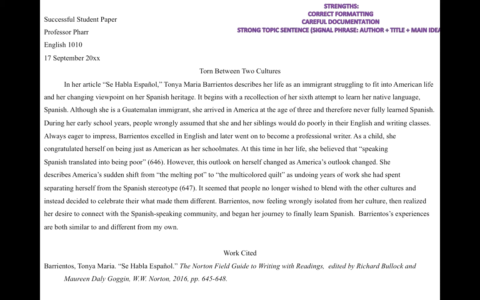The paper opens with a strong topic sentence like we've been discussing. It also gives a thorough and accurate summary of the author's main ideas. And then it ends with a final sentence that is the thesis statement. One thing I forgot to note is that it also has an original title.